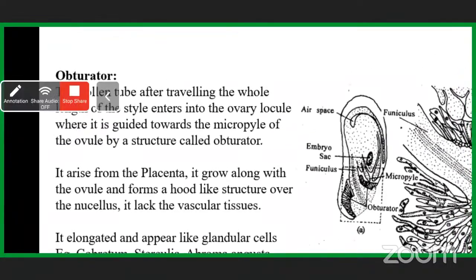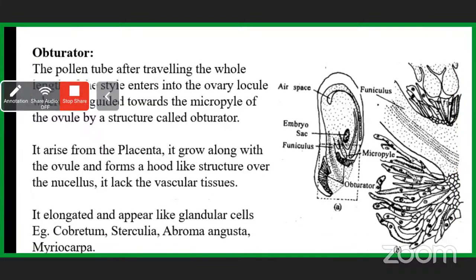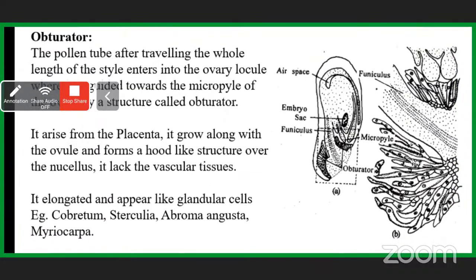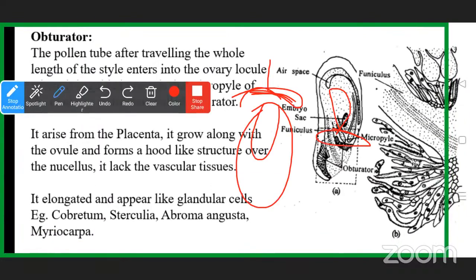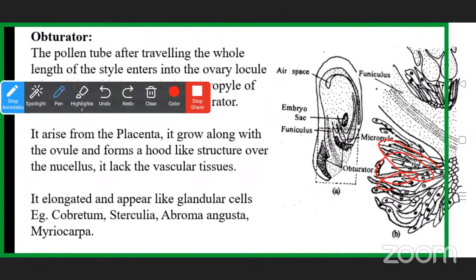It gives support and strength. You see the obturators. These are the finger-like projections at the micropylar end. They arise from the placenta, grow along with the ovule, as finger-like projections.